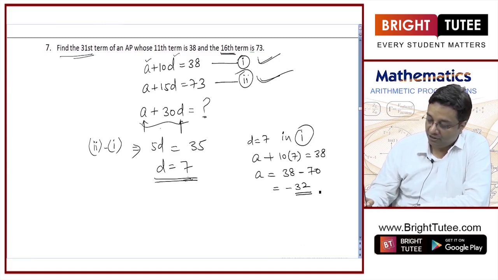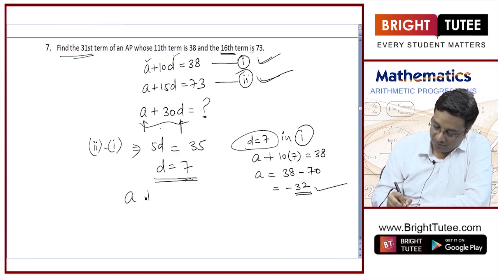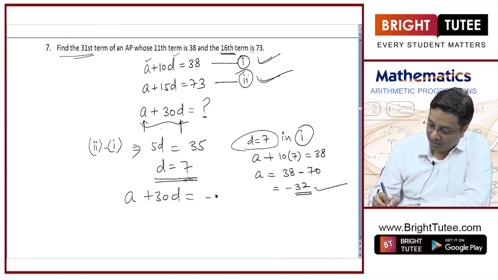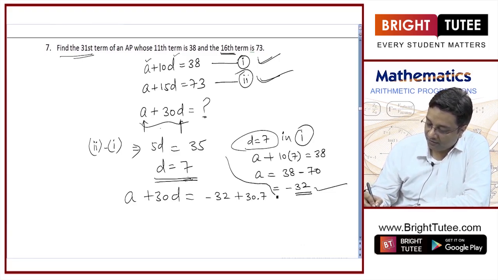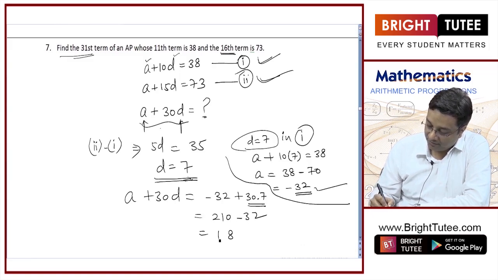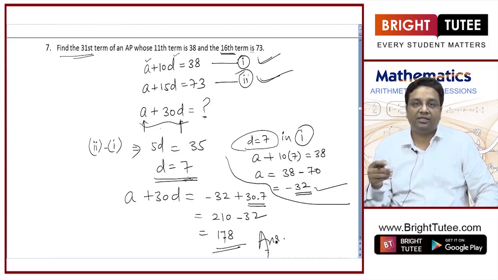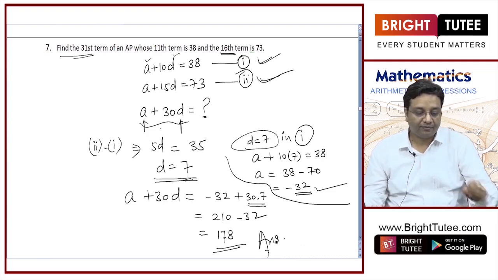Okay, so now I have got the value of A, I have got value of D. Now A plus 30D will be equal to minus 32 plus 30 into 7. So this is 210, this is minus 32, so this will become 178, right? So this is your answer. So this is the 31st term of this AP, right?